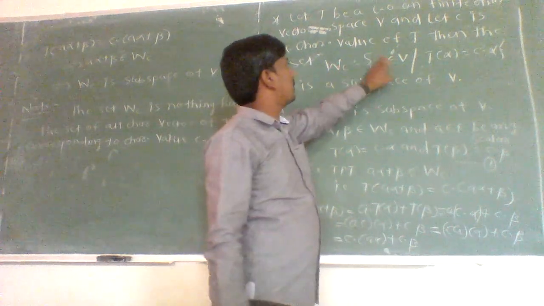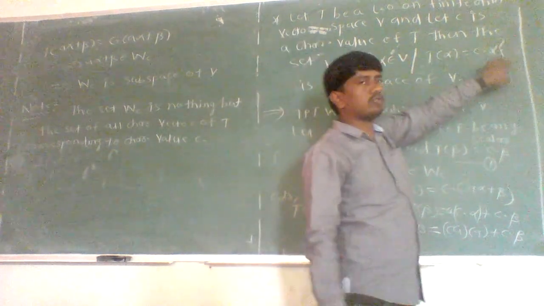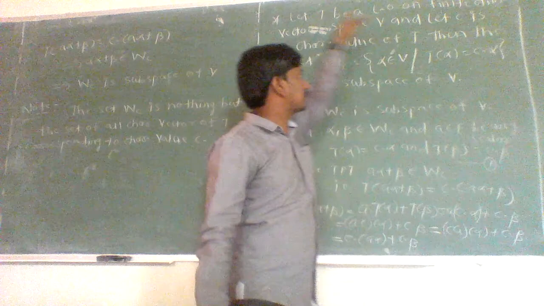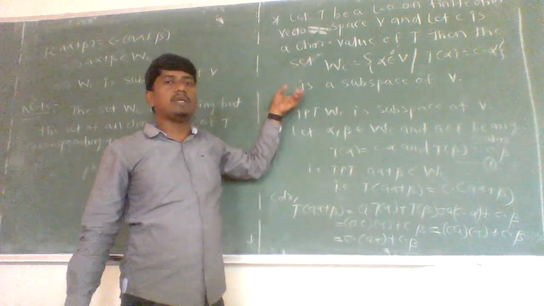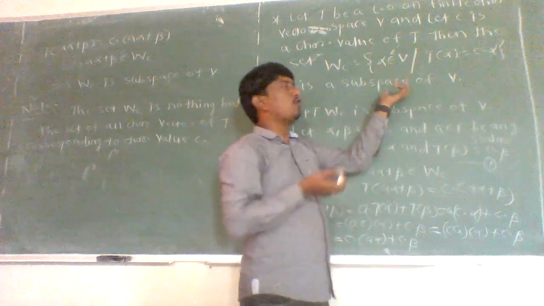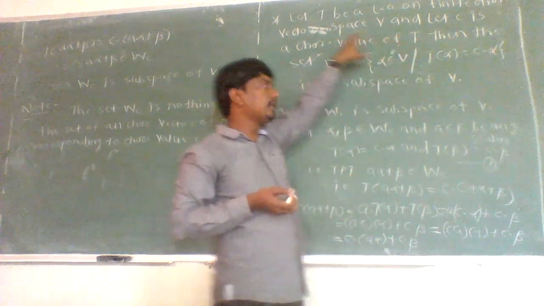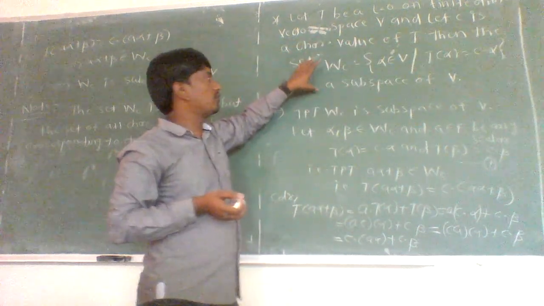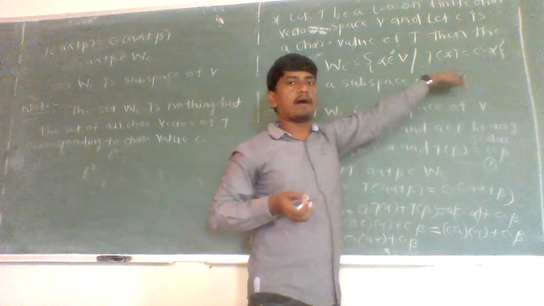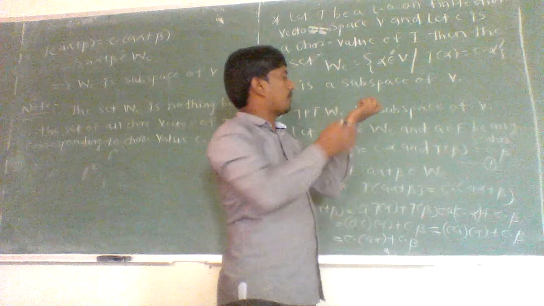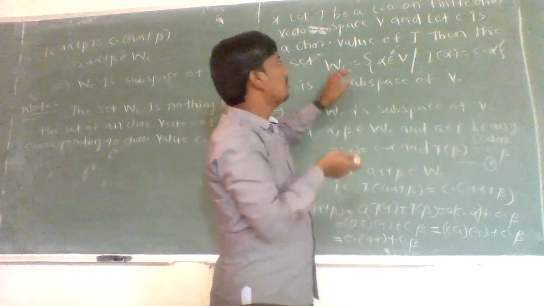WC is nothing but all alpha belonging to V such that T of alpha equals C alpha. Then by the definition of characteristic vector, if C is any characteristic value of linear operator T, then any non-zero vector alpha belonging to V such that T of alpha equals C alpha is called a characteristic vector of T corresponding to the characteristic value C.